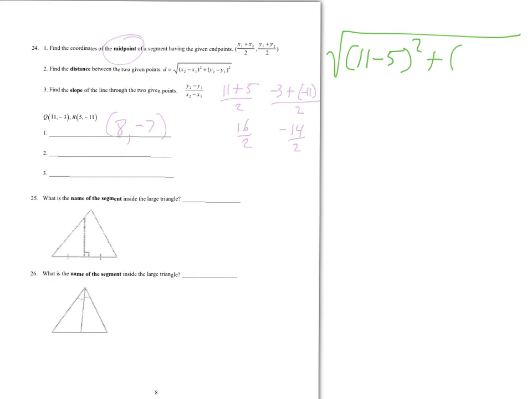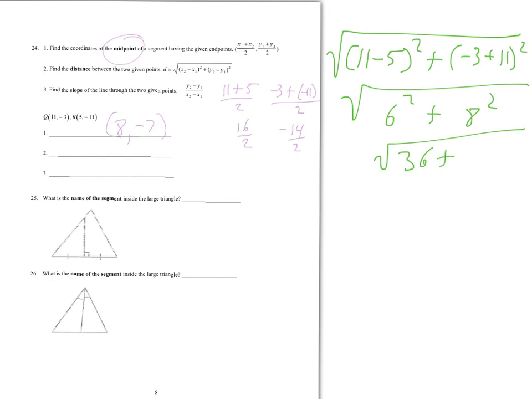Now my y's, negative 3 minus negative 11, which makes it plus 11 squared. I end up with 6 squared plus 8 squared, which is 36 plus 64, which is 100. Well, the square root of 100 is 10. Let's hope those numbers are that easy on the test tomorrow, right? It's a little easier to simplify.